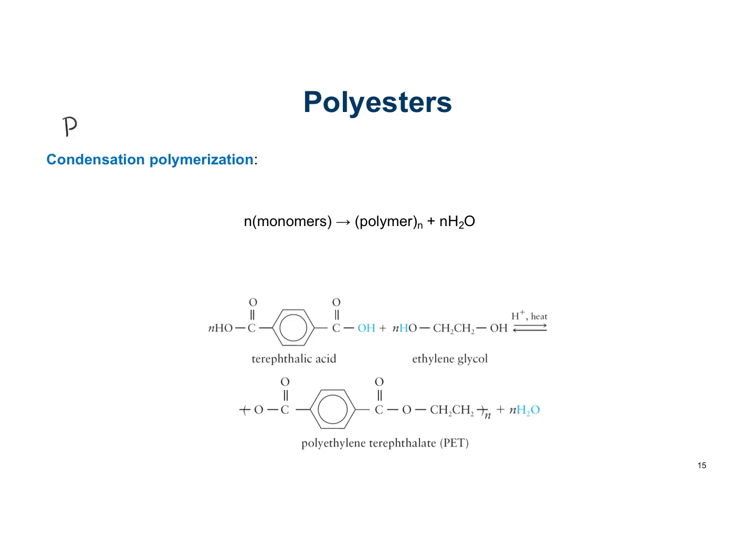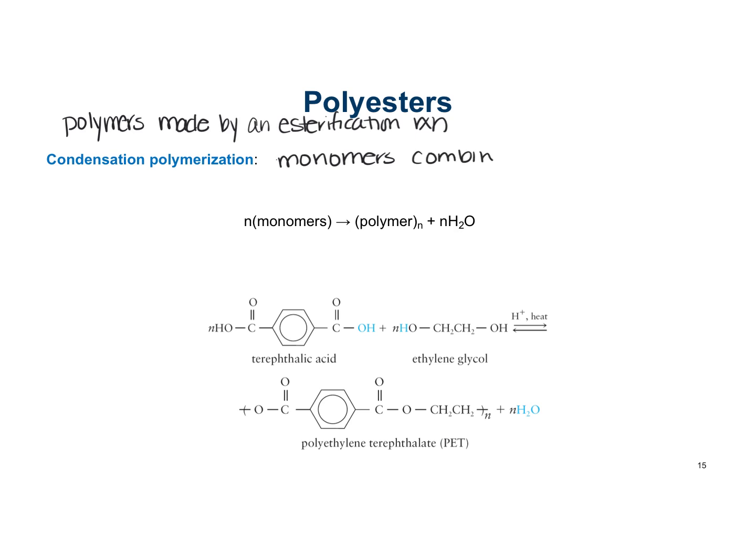So the process that's used for this is an example of a condensation polymerization, where monomers combine to form a polymer and eliminate a small molecule, which in our case is water.